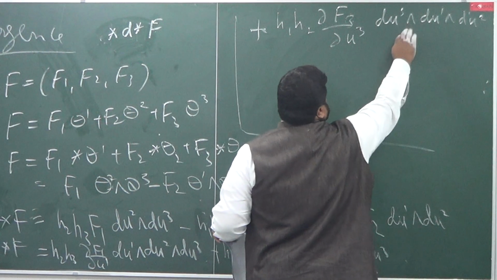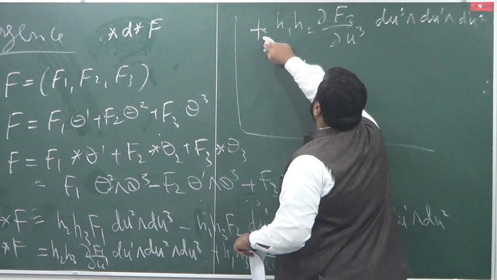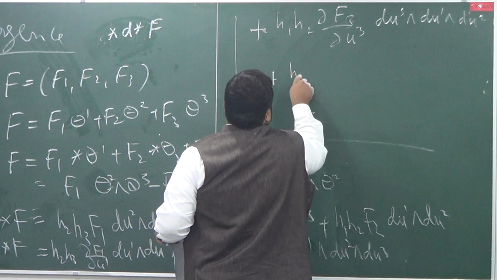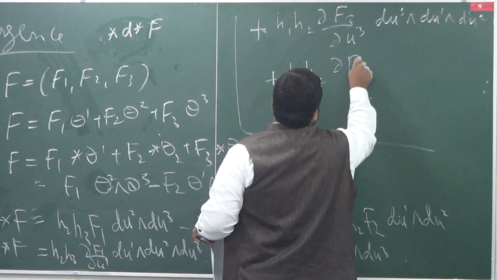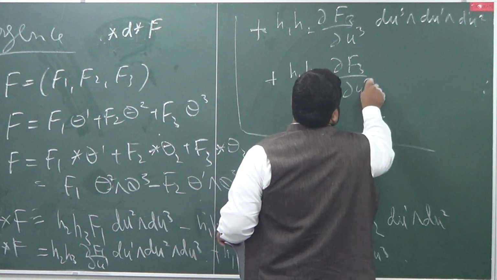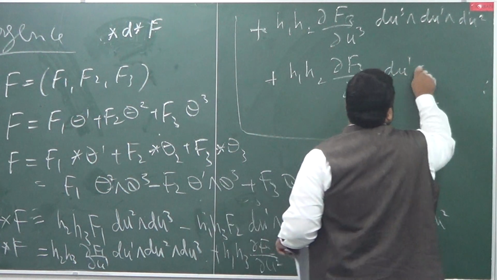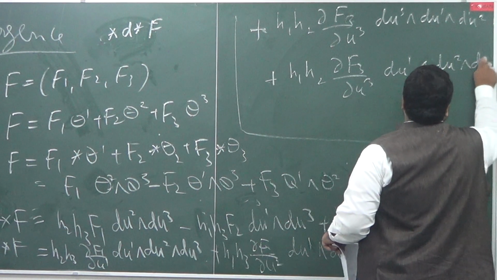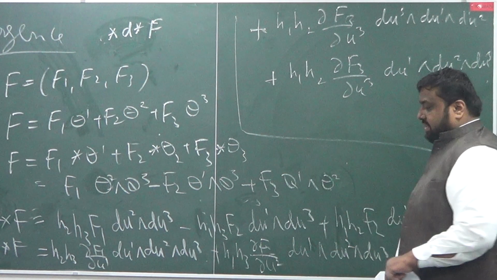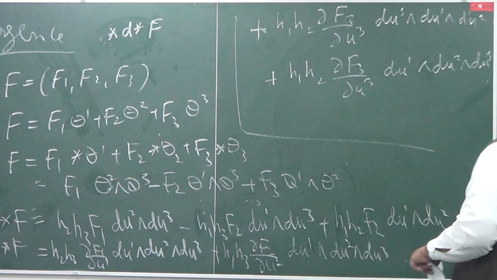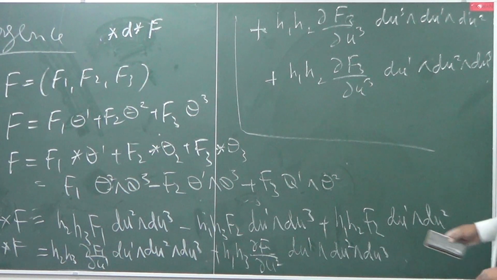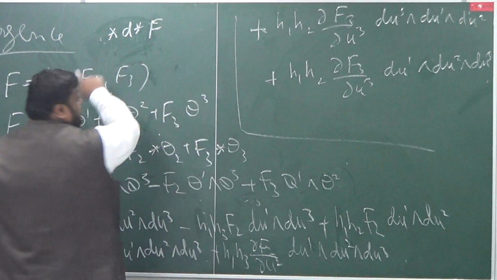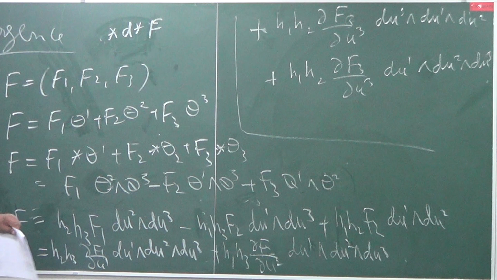I can switch it twice actually, so once the sign would change and then I can switch again and the sign would change, so you're going to get plus H1 H2 partial F3 by partial U3, and you have again du1 wedge du2 wedge du3, so you get this. So almost done. I need to again apply star on this. So this will be the last step. Okay?